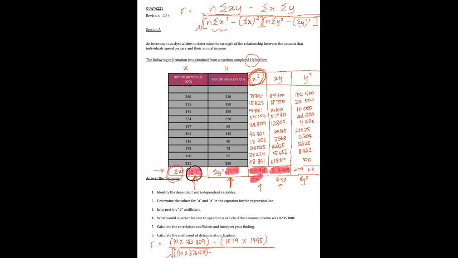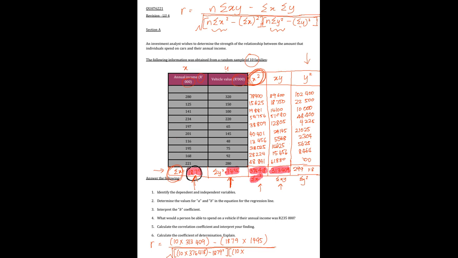Then you'll close off that bracket and open up the next set. Then again, another set of brackets. It's n times, as you can see here at the top, the sum of y squared. So here is the sum of y squared. And as I said, this is why we actually needed this column, because although we hadn't been using it all along, it is needed for this calculation.